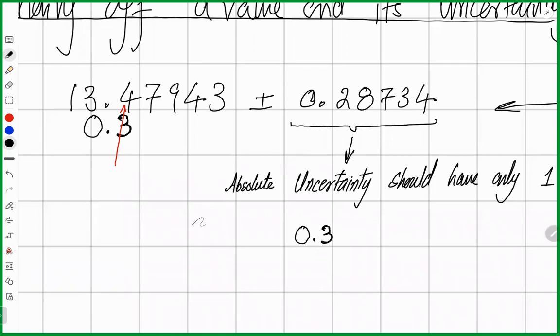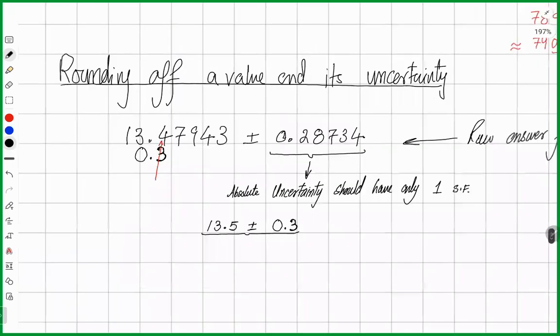Sure, I should get 13.5 plus minus 0.3. So this will be your final answer in the proper number of significant figures. Okay.